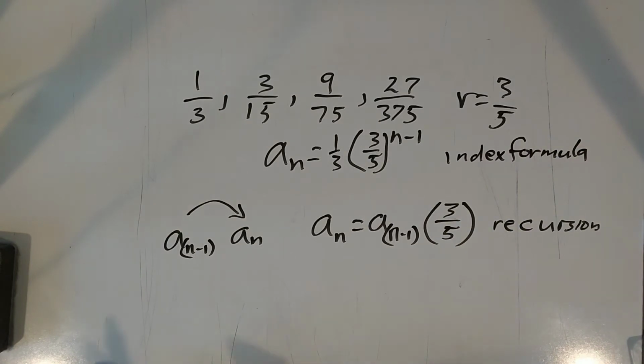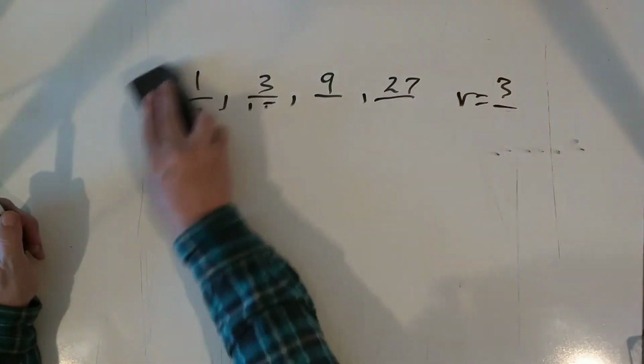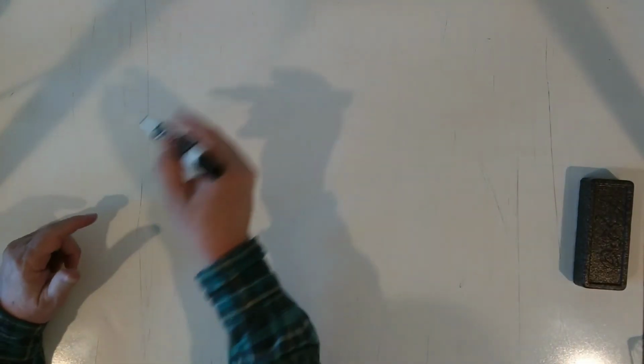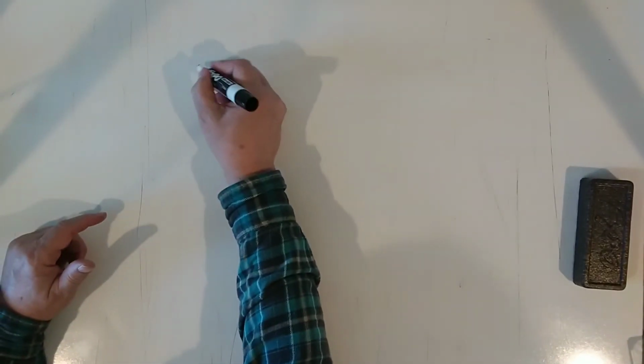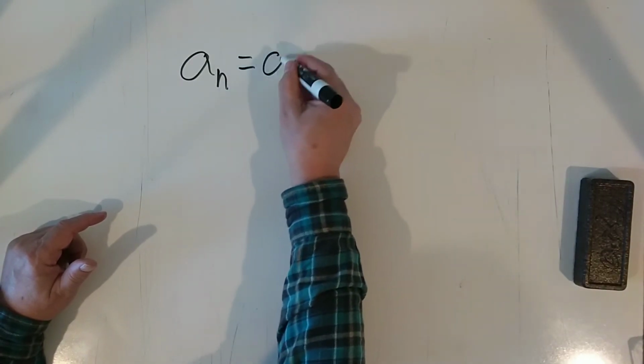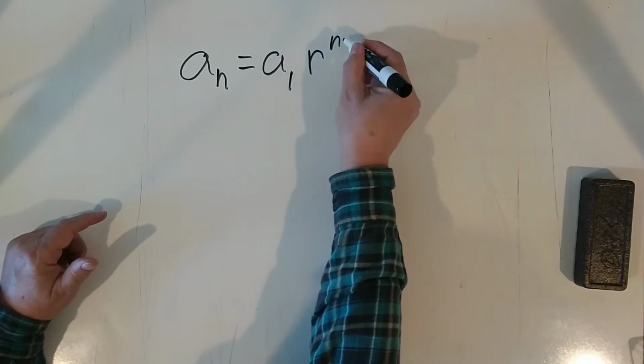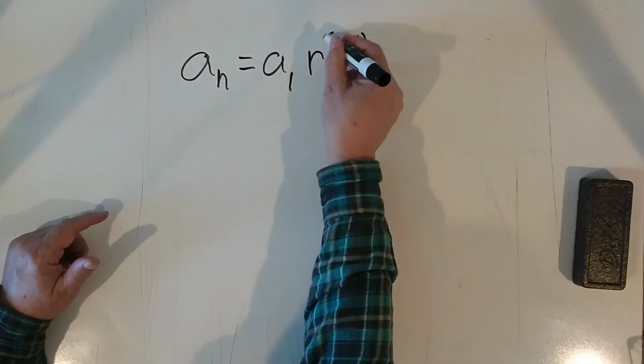We then can use this to solve various problems. Let's write our formula up here that we'll be using. A sub n equals a sub 1 times the common ratio to the n minus 1 power.